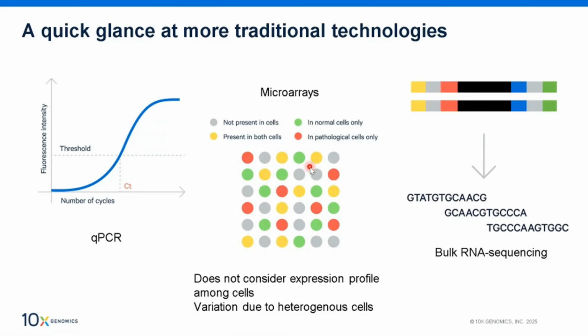So the question will be, is there any variation within these cells? Are we using a heterogeneous cell population? If yes, then they should have different gene expression profiles. And when we pool them together, this information does not show the differences among the cells.